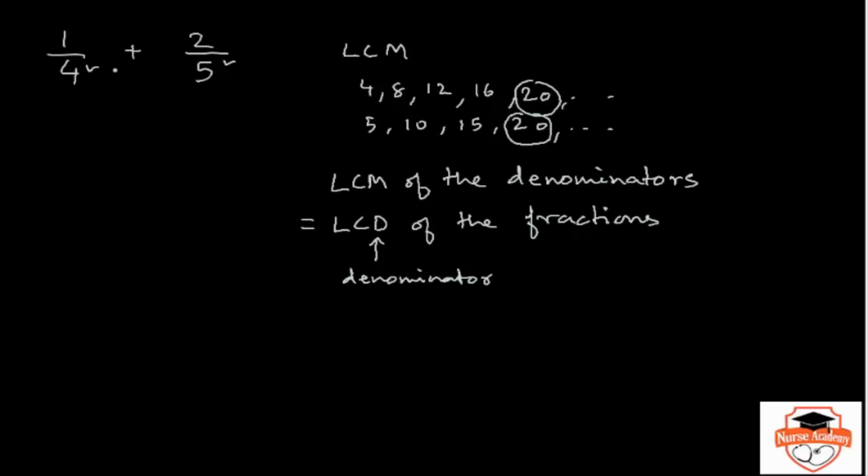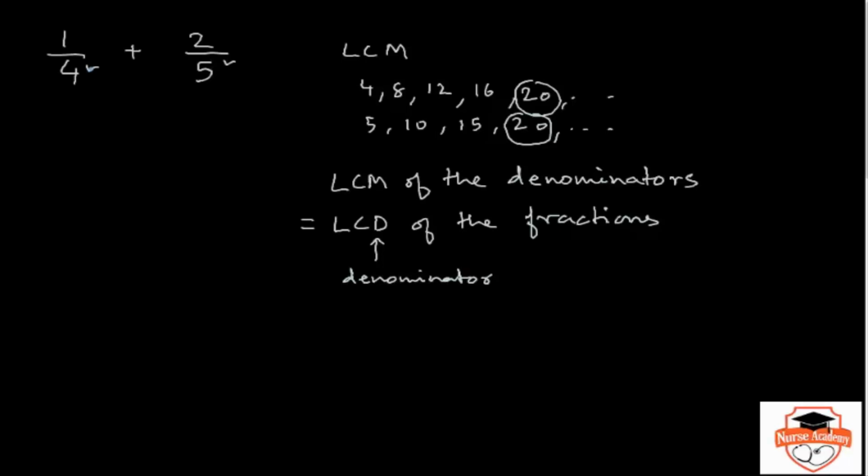So we would say 20 is the LCM of 4 and 5, or we would say 20 is the LCD of 1/4 and 2/5. And our job is to make use of our knowledge of equivalent fractions and change both of these denominators to 20.